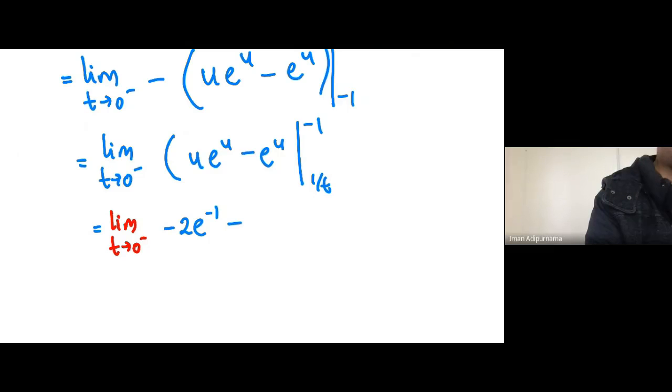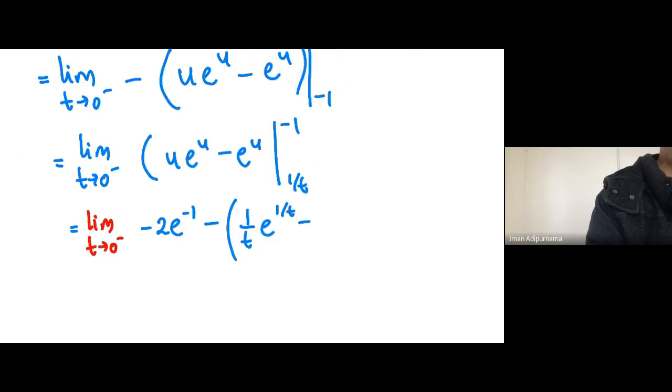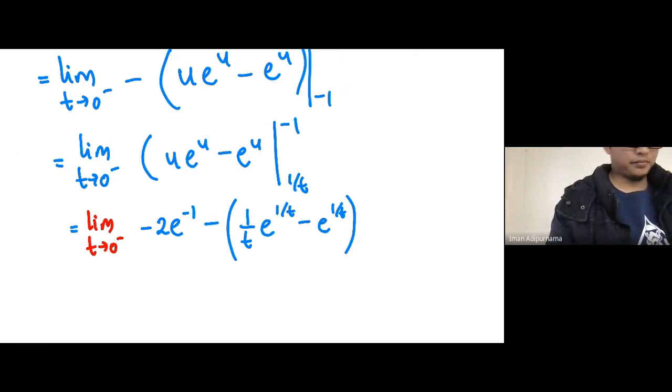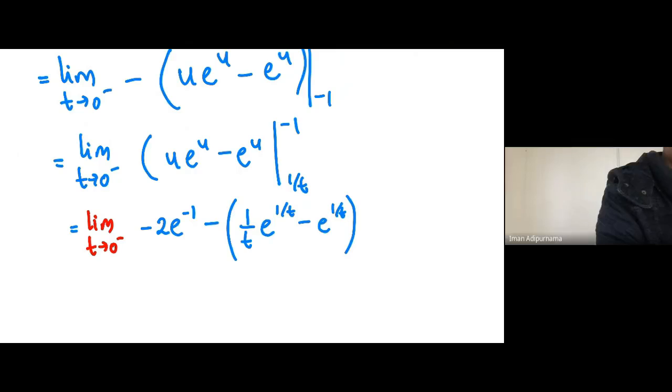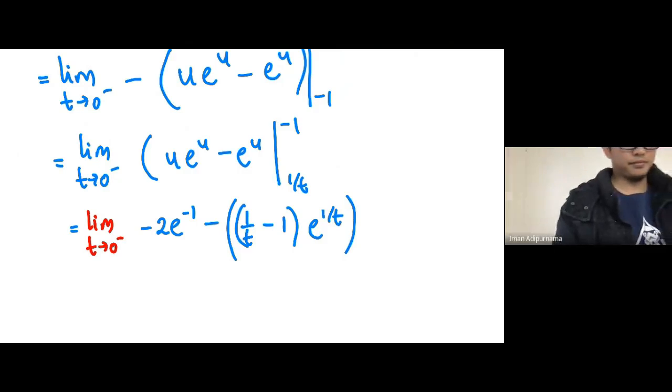So one over t, e^(1/t), and then minus e^(1/t). Or let me just write in a simple way, (1 over t minus 1) and then e^(1/t). Okay.